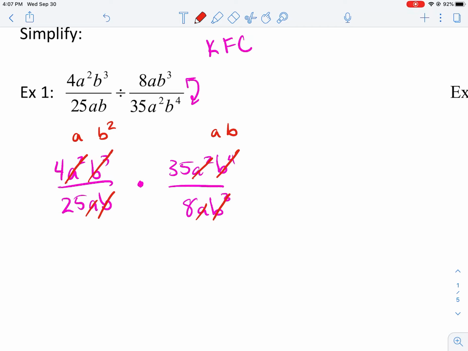Okay, and now let's see if we can simplify those numbers. Well, 4 divides into 8, right? So this can become a 1. This becomes a 2. And finally, 5 goes into both 25 and 35. So 25 divided by 5 is 5, and 35 divided by 5 is 7.